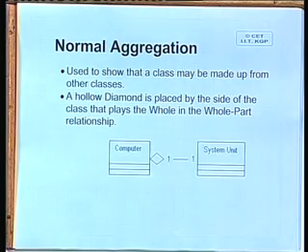Can you give another example of normal aggregation? Another example of a whole part relationship where we have the part and a whole. No, don't talk about record of a database per se, because we may not define them as a class. Suppose you want to have the institute as a class.